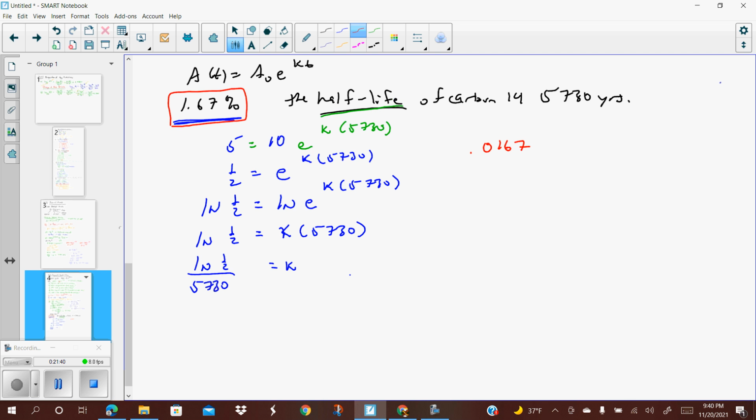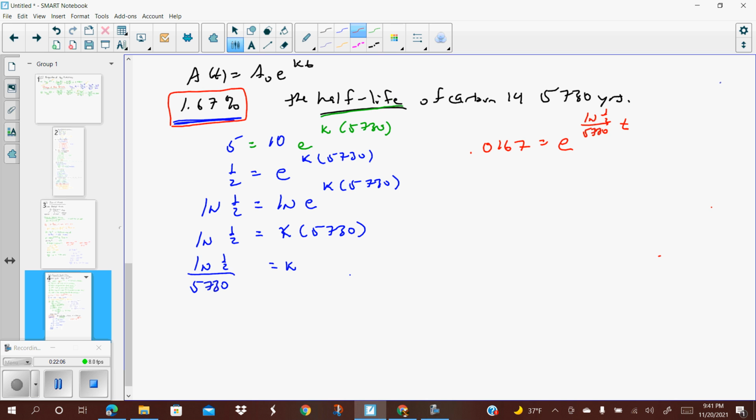That's the new amount of stuff. Whatever it was, again, we don't know how much stuff there was. We just know that's the new amount. Well, that's going to equal e to the, now I do have a k value, which is the natural log of 1/2 divided by 5,730 times t. We are solving for t.